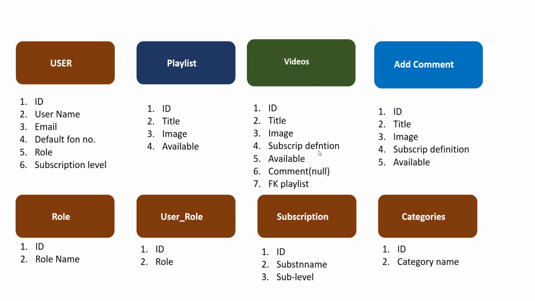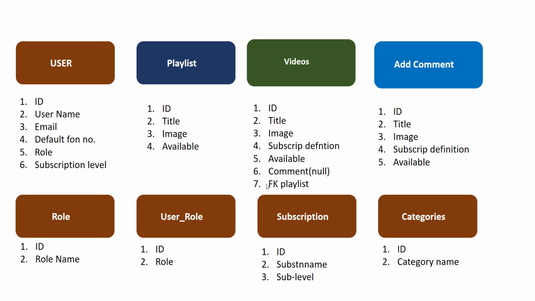Okay, that's why it's different from availability. And then therefore, which means a few videos may be available to a particular subscribers, even if the playlist can be seen. And then we shall have the comments, and then the comment section will be null, and this and also this can also be a foreign key.